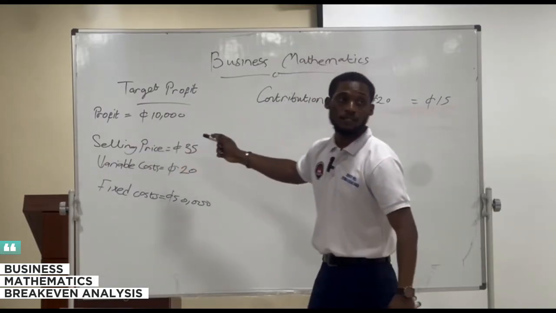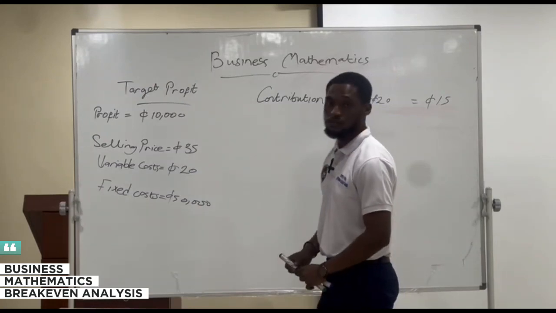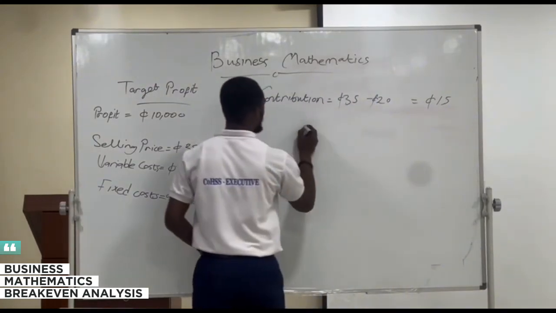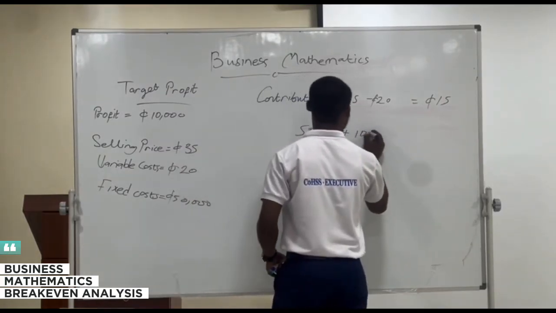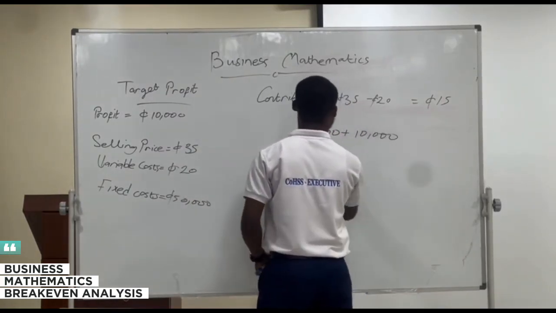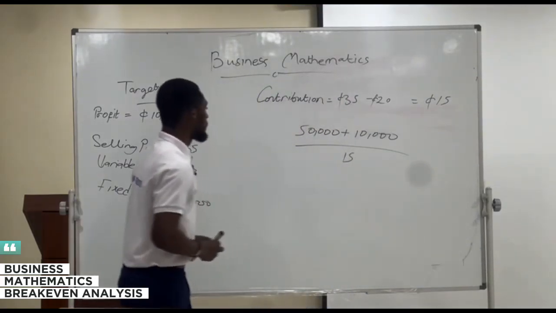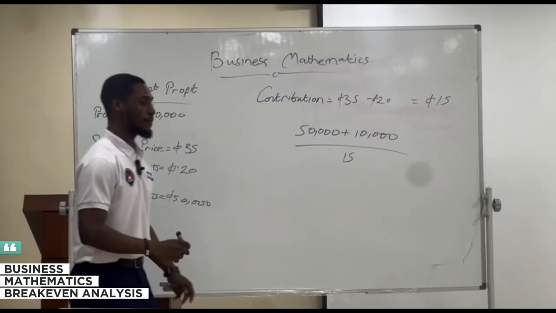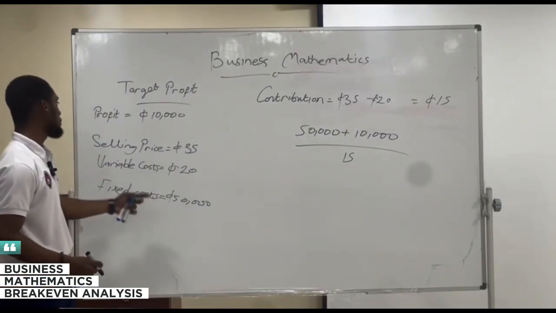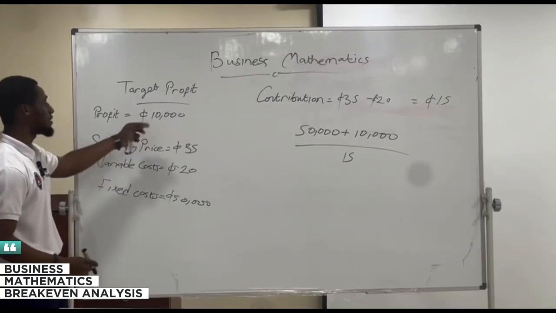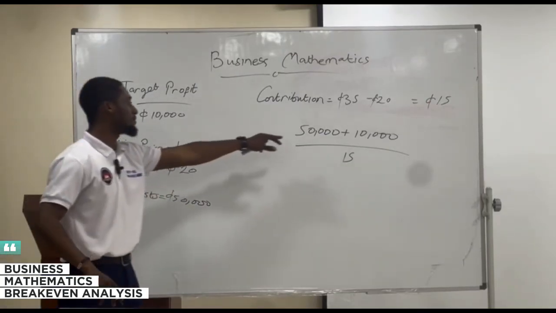We have to add the 10,000 to the 50,000. So this therefore becomes our fixed cost. Although a fixed cost has been given to be 50,000, you have to add the amount stated in the question, which is the 10,000, to the 50,000.